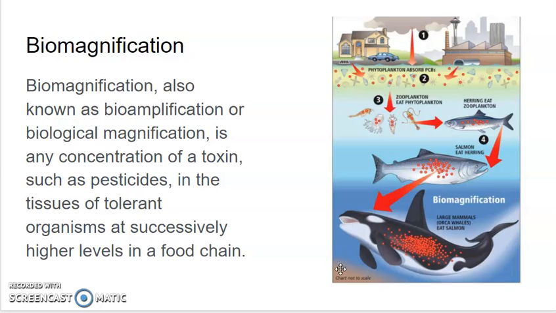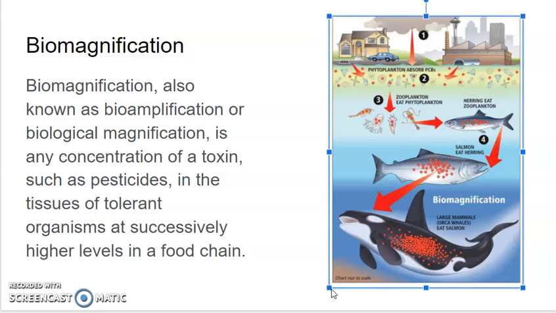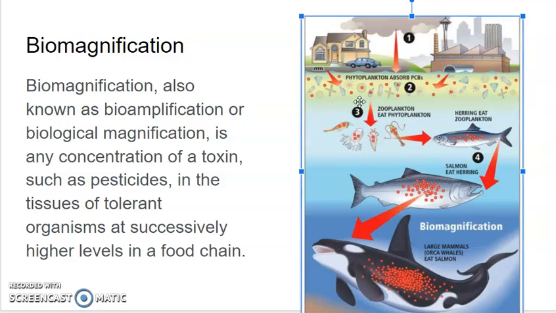This image explains how toxic chemicals are distributed in the different trophic levels of a food web. If any pollution comes, it can go into the water by rain. Then these algae, phytoplankton, will absorb it.